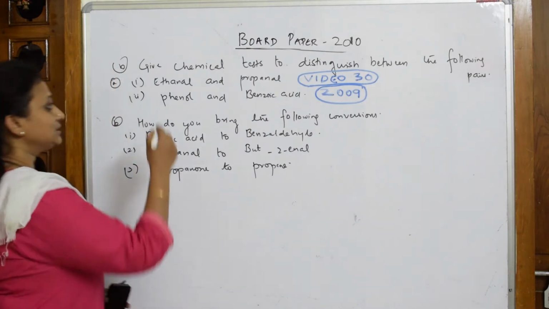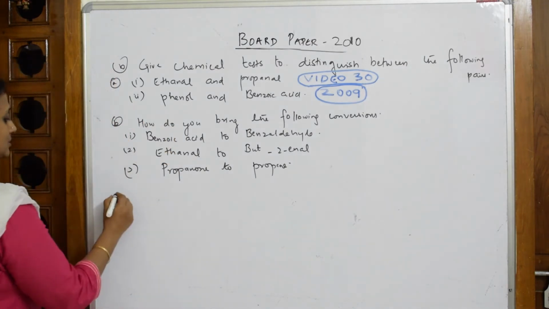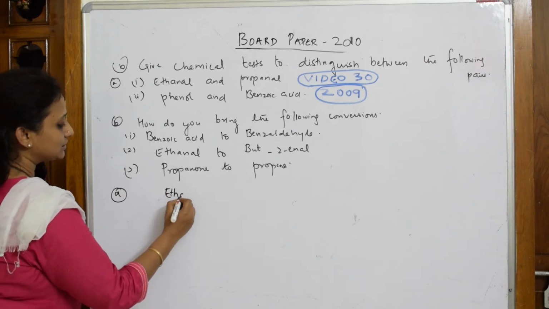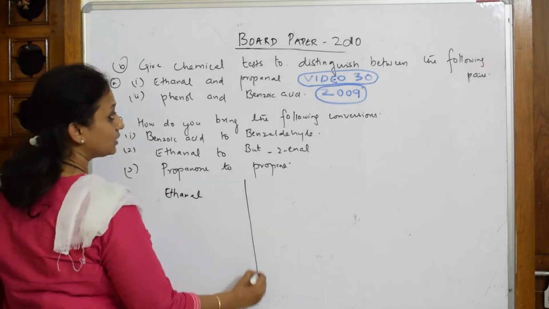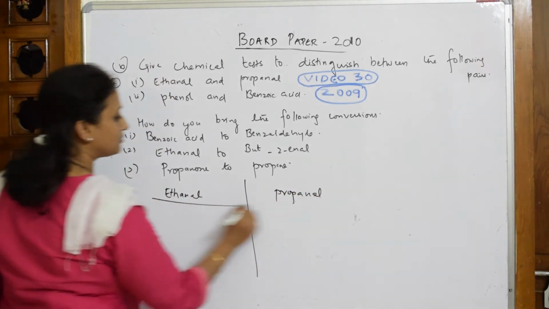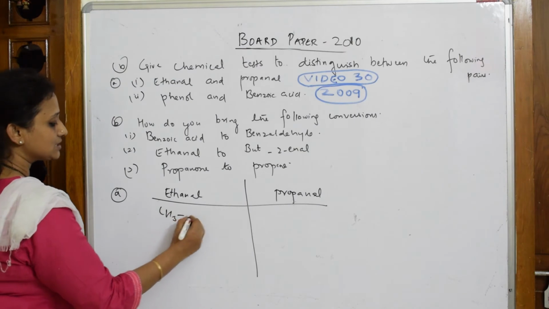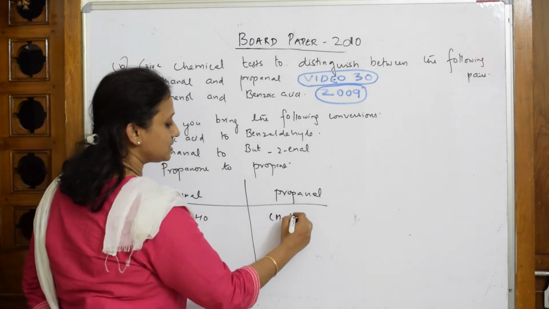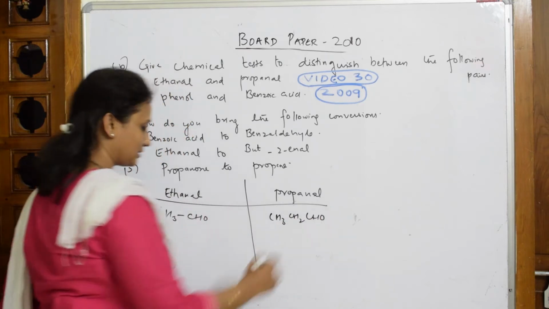Remember ethanal. So I'll write the first one, ethanal. Second one, propanal. Write the formula for both: CH3CHO, and CH3CH2CHO. Now observe carefully.